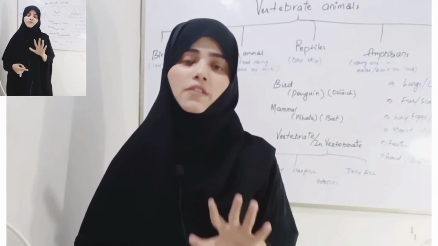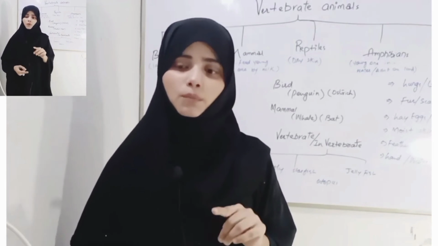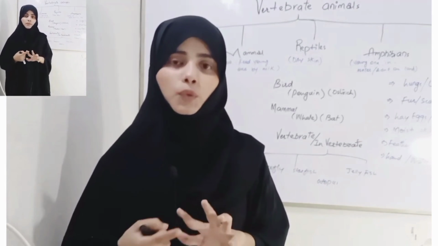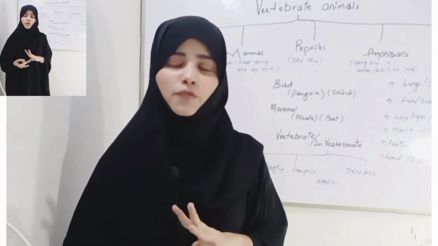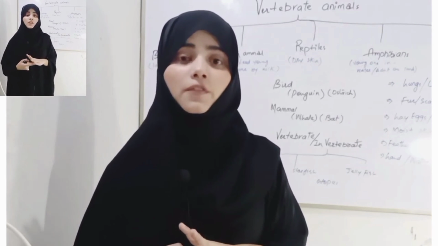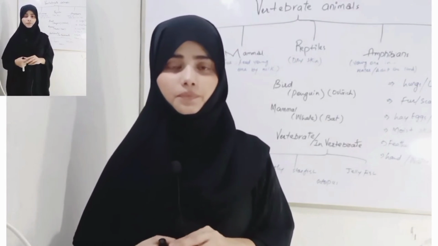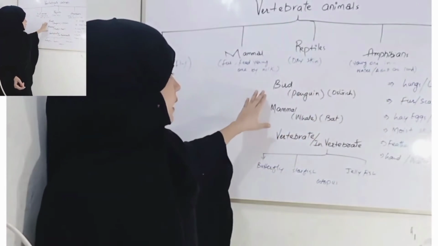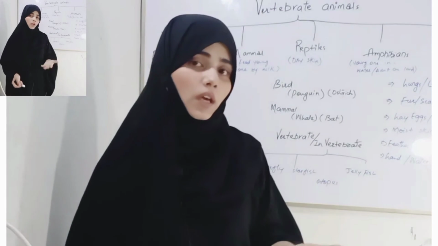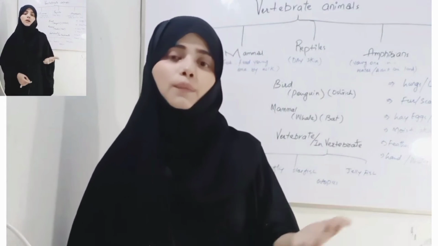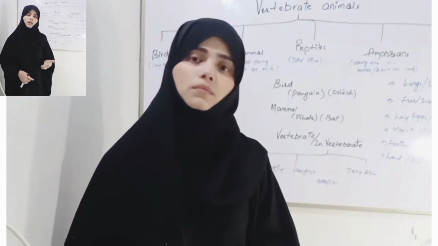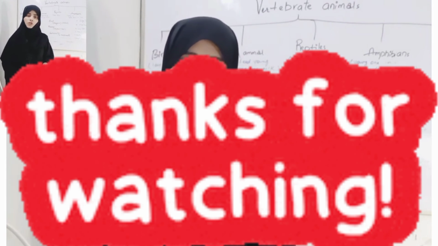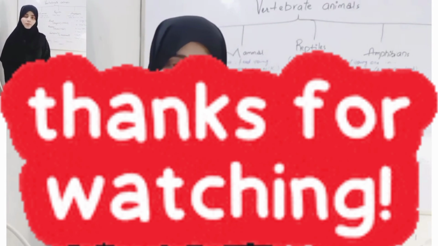And there are 5 groups of vertebrate animals. Number 1 is bird, number 2 mammal, number 3 fishes, number 4 amphibian, and number 5 is reptiles. And I have given you the example of penguin and ostrich, why we call them flightless birds. I have told you about the whale.